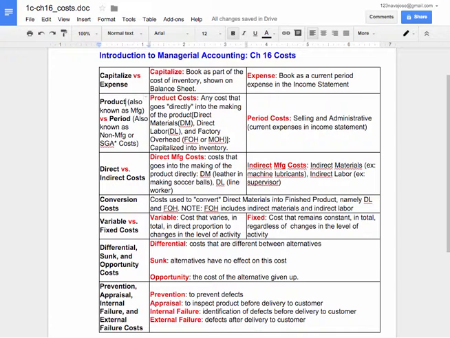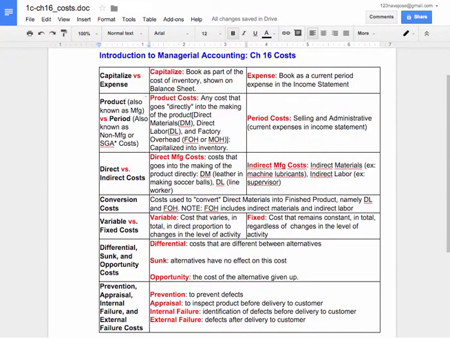As you can see, at the moment I'm showing you a table with different terms, and they all relate to costs, to costing at some level. So if you look at the first one, capitalized versus expensing, I just wanted to remind you that capitalized simply means that you're going to be booking the cost of inventory into an asset account on the balance sheet, not into the income statement as expense, which would be the other way to do this.